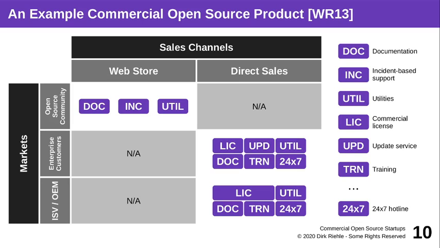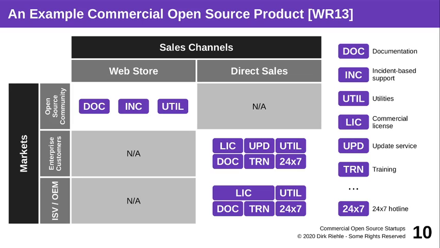So the product they sold was an on-premise license sale with an update service, meaning you would get the update fixes. So first year initial license, after that maintenance, so a classic license sale, plus added utilities.